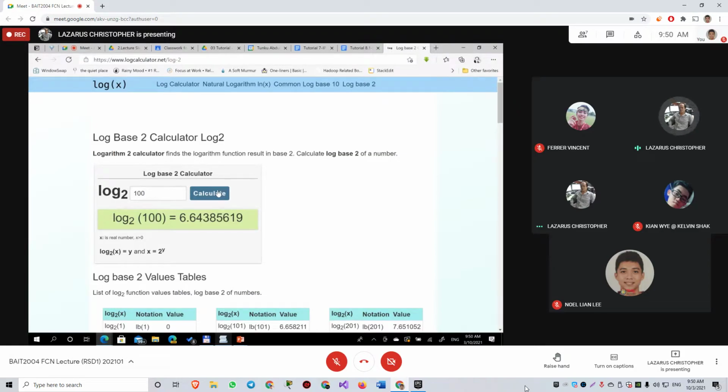So one quick way is the log base 2 calculator, where you just input the number of subnets you require. Since 100 might fall in between, that's why you can see this 6 point something. So 6.6.